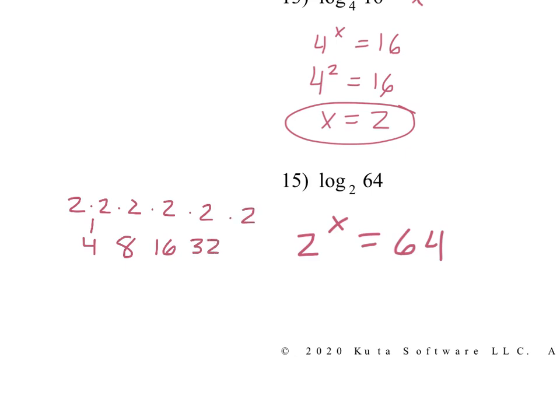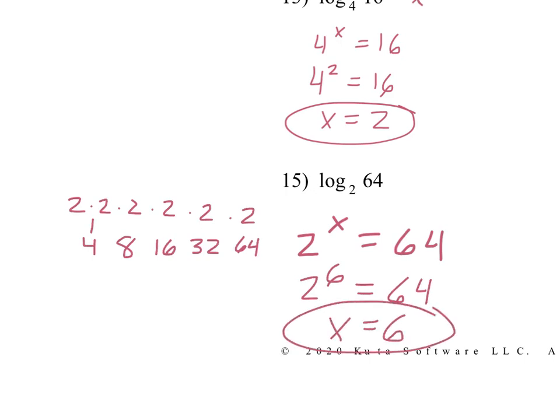And 2 to the 6th power would be 64. So 2 to the 6th power is equal to 64. So x has to equal 6. Any questions?